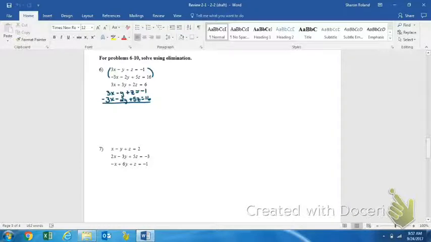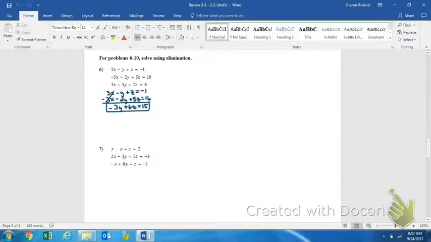And when you combine those, the x's go away as planned, and that's -3y plus 6z equals 15. There's our first equation.